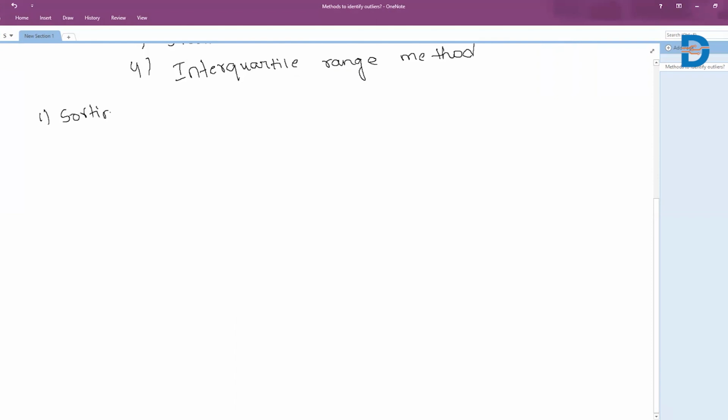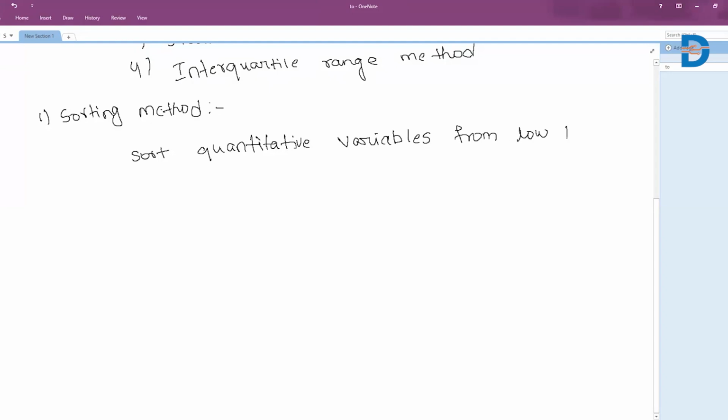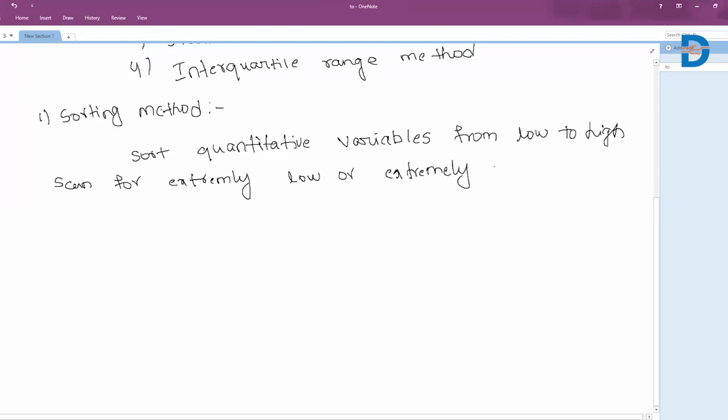In the sorting method, we can sort quantitative variables from low to high and scan for extremely low or extremely high values.